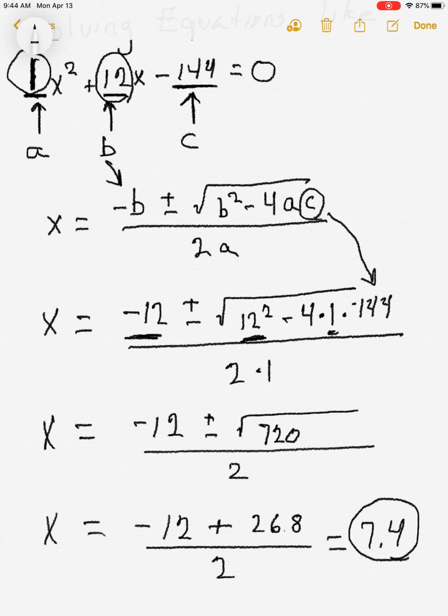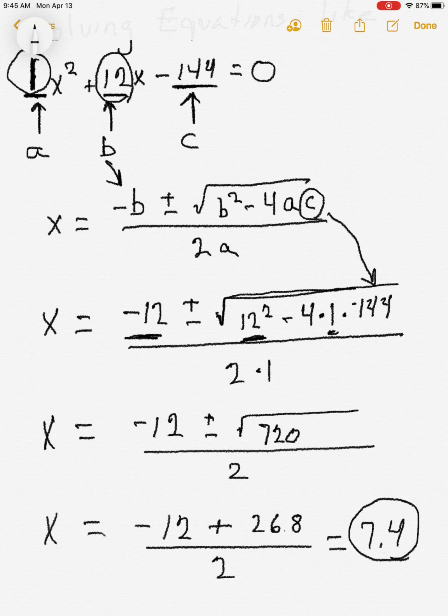Now, whenever we solve an equation like this, we always take care of the root first, whatever's underneath the square root symbol. Okay, so we have to solve whatever's underneath the square root symbol first. So we have 12 squared, that's 144, minus 4 times 1 times negative 144. When you do the math, you will get the square root of 720.